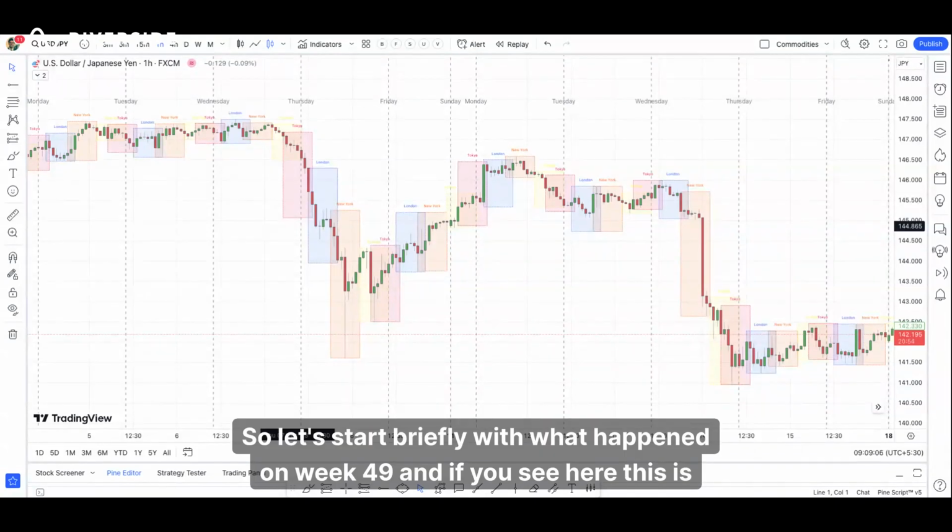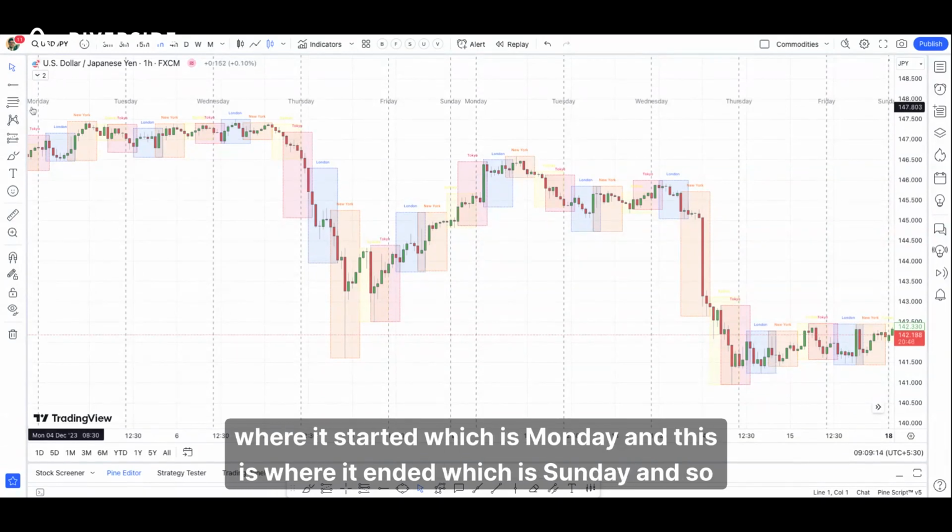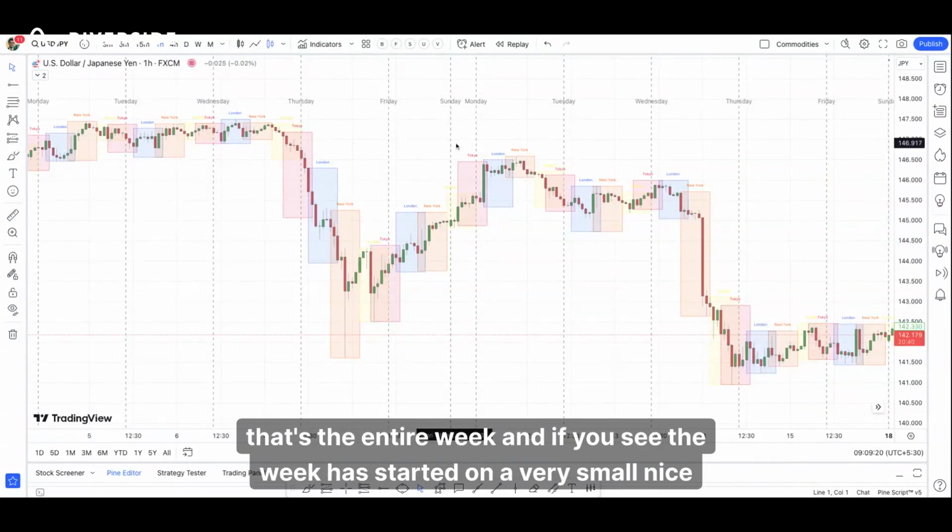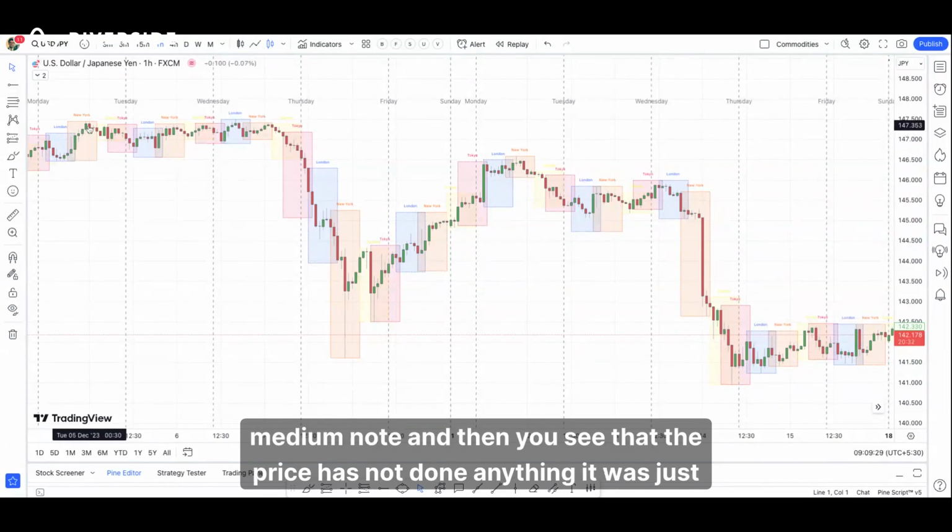So let's start briefly with what happened on week 49. This is where it started, which is Monday, and this is where it ended, which is Sunday. That's the entire week. The week started on a very small, nice, medium note, and then the price did not do anything.